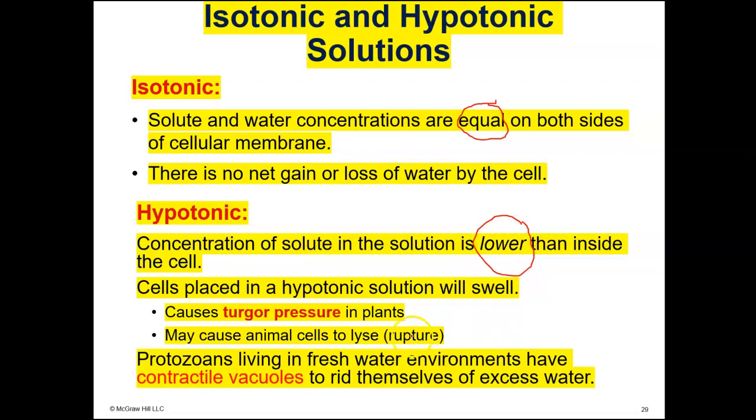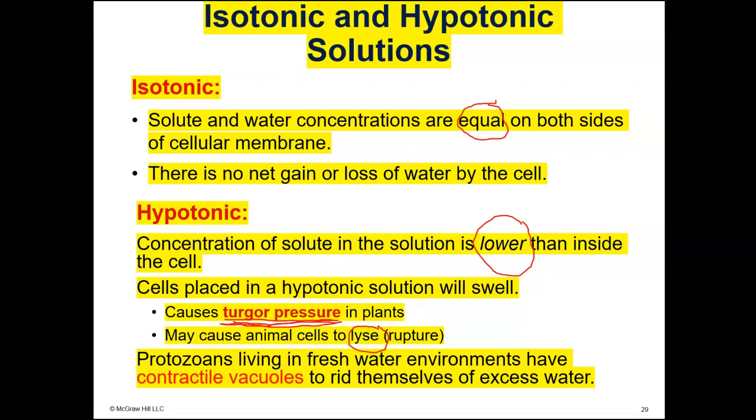And so a plant cell placed in a hypotonic solution will develop turgor pressure, and it will swell, but it will not burst because of the cell wall. In an animal cell, such as a red blood cell, we'll see lysis because the cell will swell and burst.